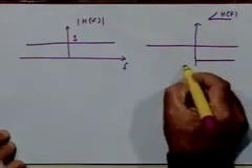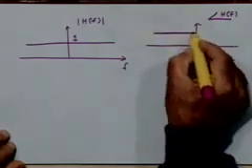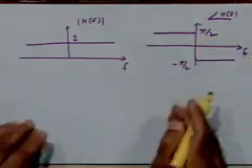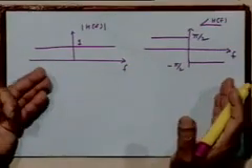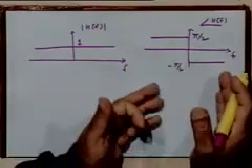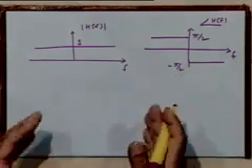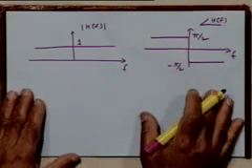Minus pi by 2 for positive frequencies, and plus pi by 2 for negative frequencies. So this also is a description of the Hilbert transform. This is the magnitude plot, this is the phase plot. So the question was, how do we show the magnitude and phase plots of the Hilbert transform? This is how they look.